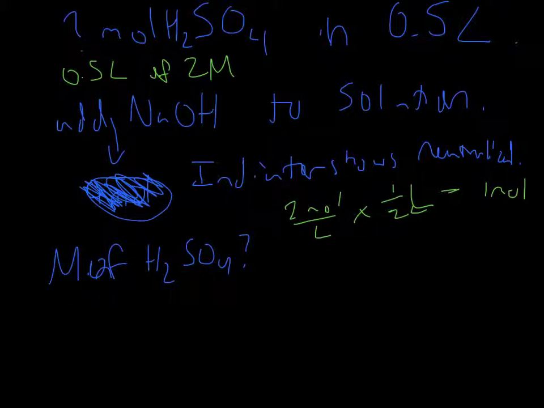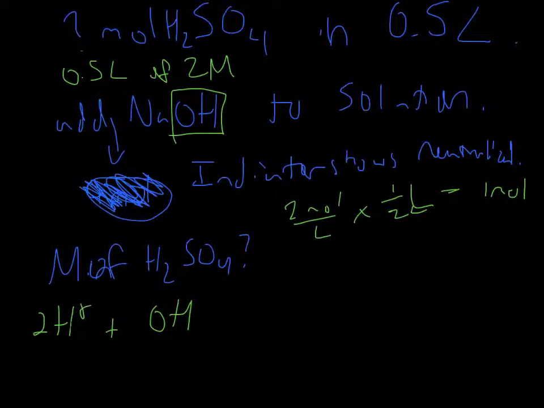The first thing you should know about this reaction is it's going to be kind of tricky, because there are 2 hydrogens in sulfuric acid, so I get 2H+, and the 1 OH from the sodium hydroxide, right?